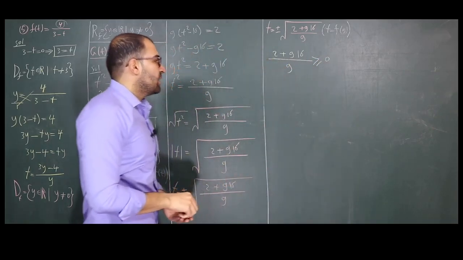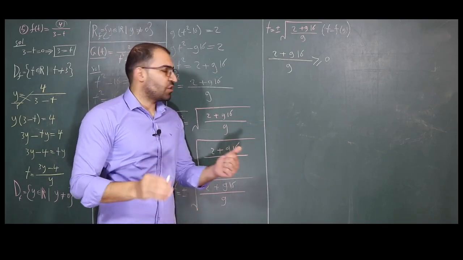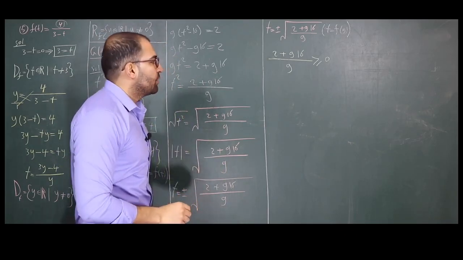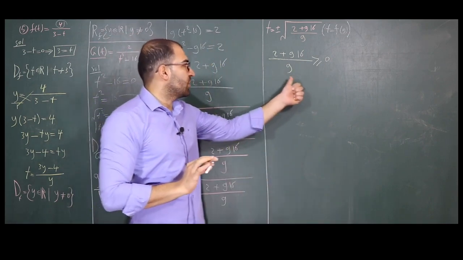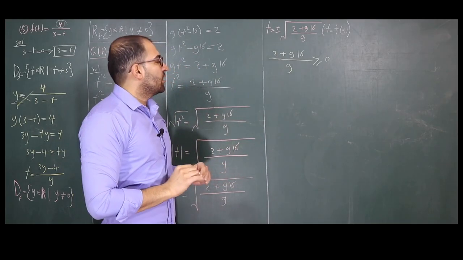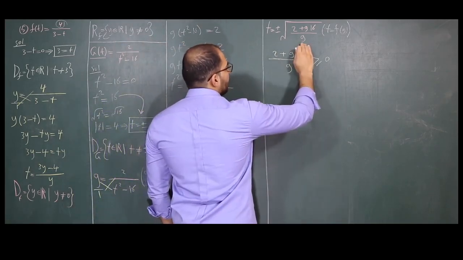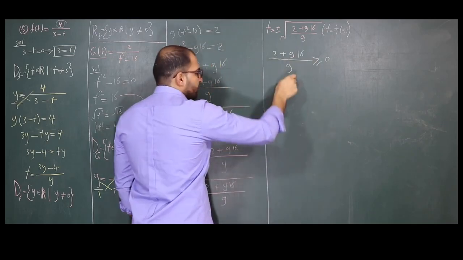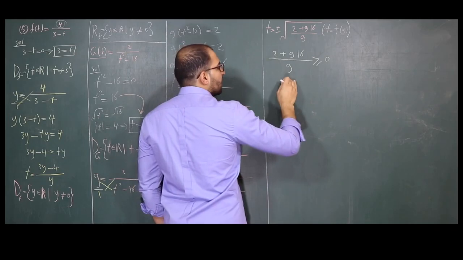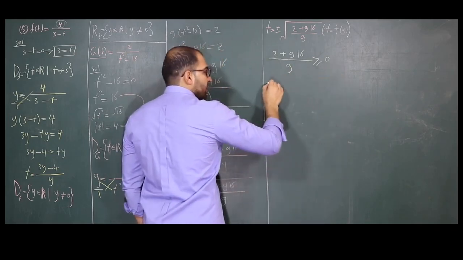This is actually not an easy problem. How? Because G cannot be 0. G cannot be 0, so I need this value to be greater than or equal to 0, with G not being 0, just a restriction. So I'm going to multiply by G, and I have two cases.